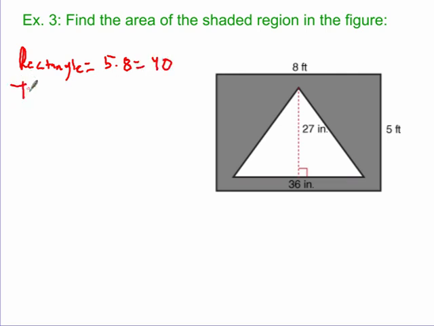The area of the triangle is 1/2 times the base, which is 36, times the height, which is 27.